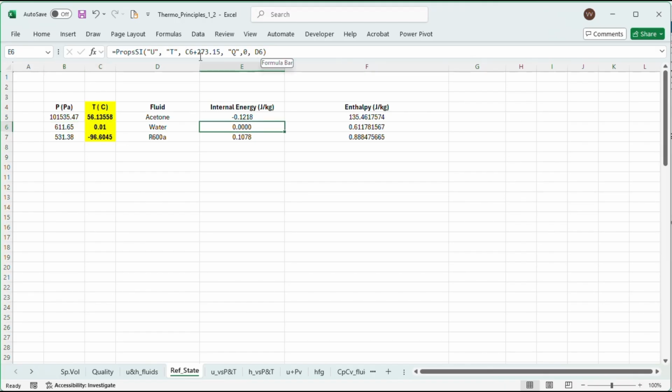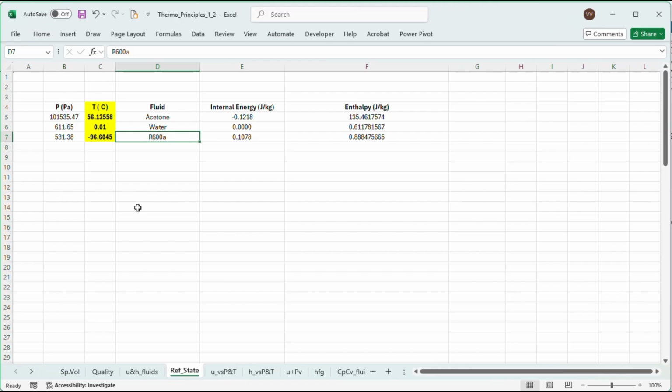Okay, you can use this calculation here. And for acetone, it's close to 56.15, okay, where its internal energy is zero. And for R600A, which is a refrigerant, it is at a temperature of minus 96.6. So for different fluids, the reference state is chosen differently.